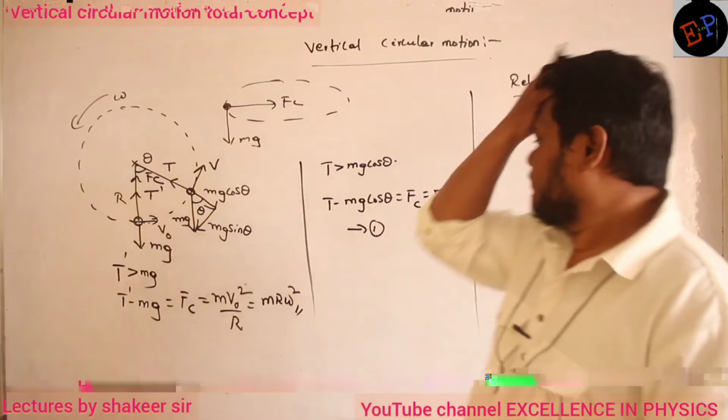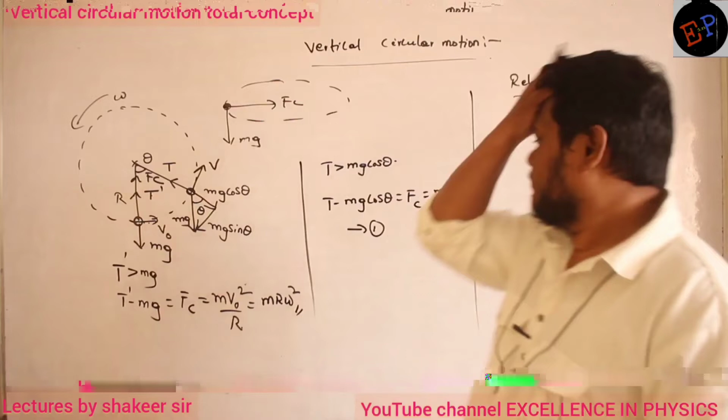Substituting the initial velocity root 5gL, whose square is 5gL, we get cos inverse of minus 3gL divided by 2gL. The gL cancels, so it is cos inverse of minus 3 by 2.